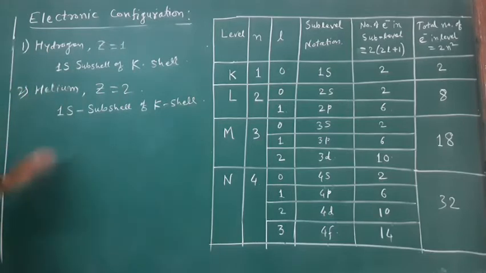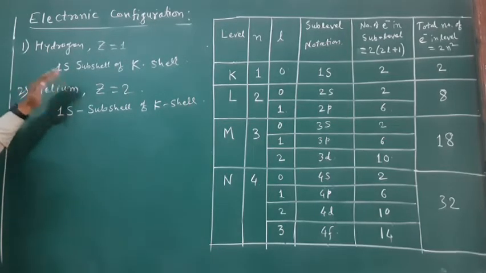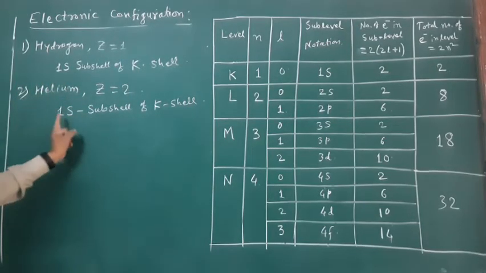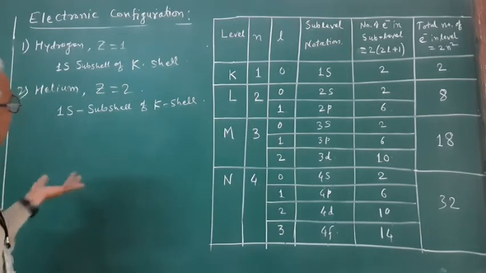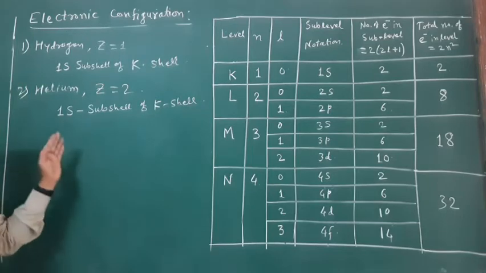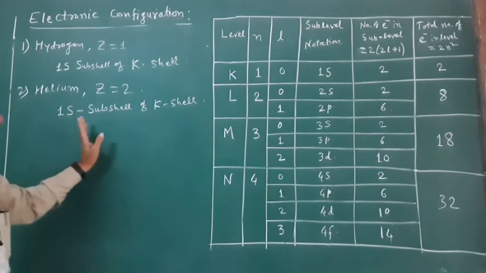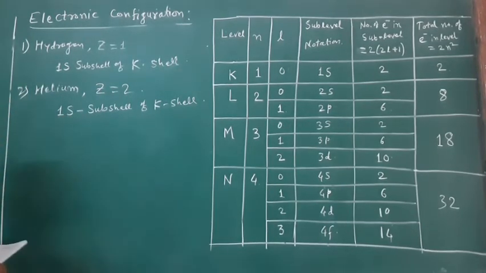Both these electrons in the helium atom will be accommodated in the 1s subshell of the K shell, because the maximum number of electrons that can be accommodated in the s subshell is 2.